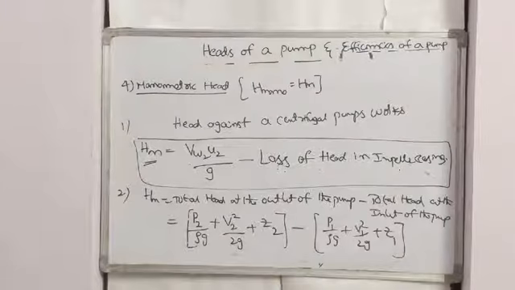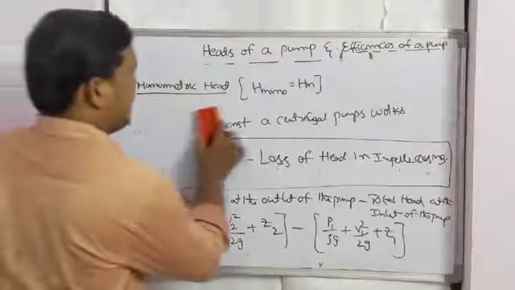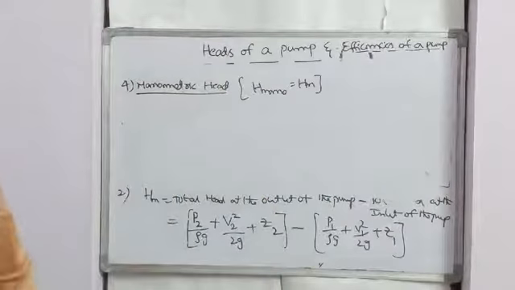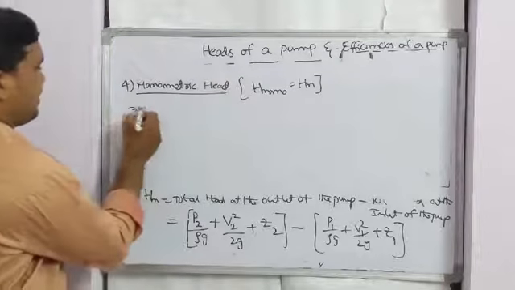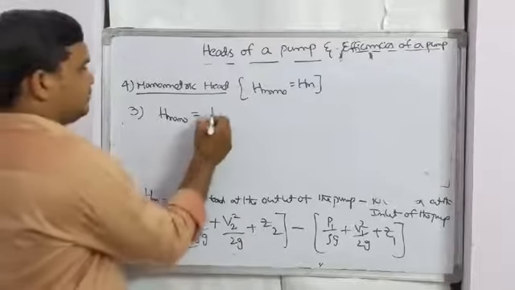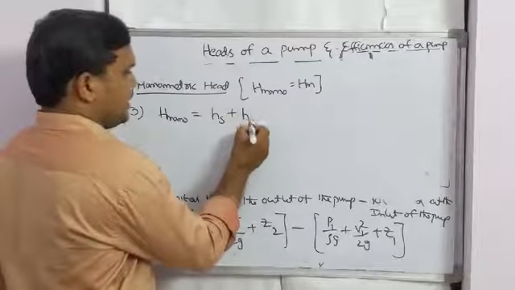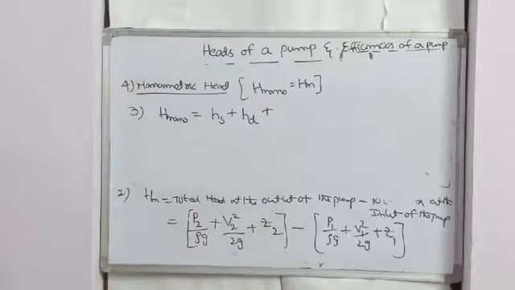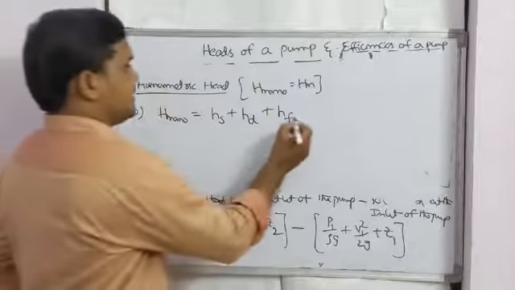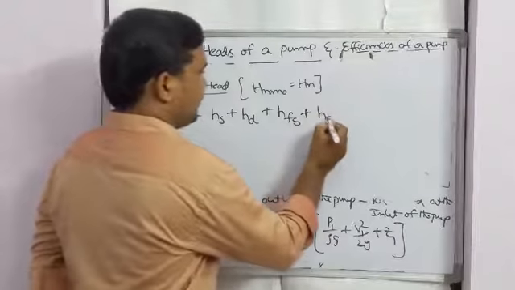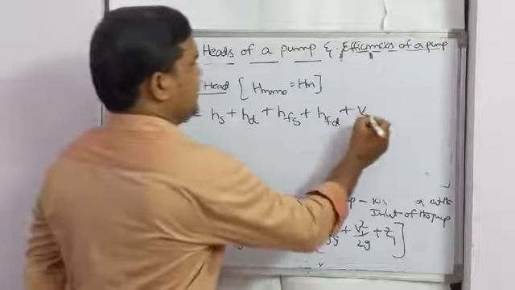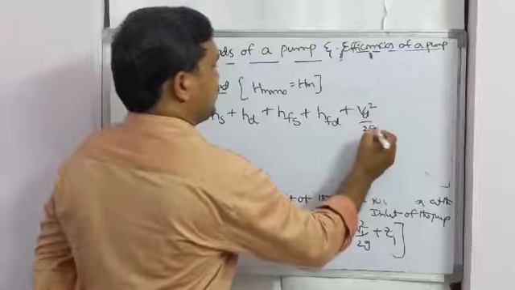So that is the second equation, and the third equation: there are three different formulas for manometric head. Hmano equals suction head plus delivery head plus head loss due to friction in the suction pipe plus head loss due to friction in the delivery pipe plus Vd square by 2g.